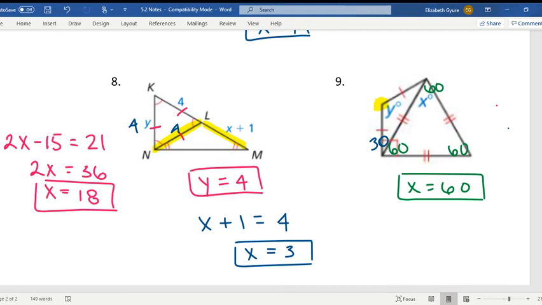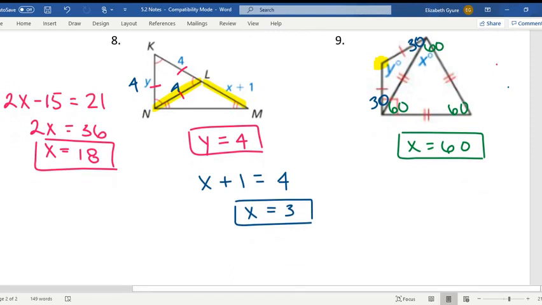Now think about the first few we did. How could that help me find y? Right, exactly. This is isosceles. Here are your two congruent sides. So if this lower angle down here is 30, won't this top angle also have to be 30? Because remember, your two base angles are congruent. So that one's 30.